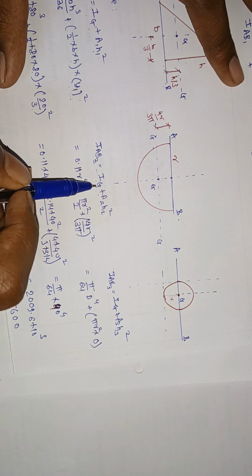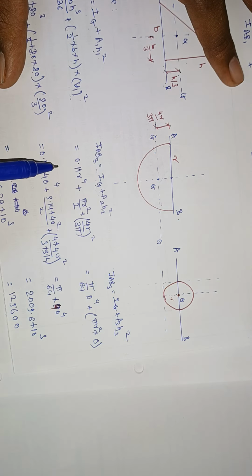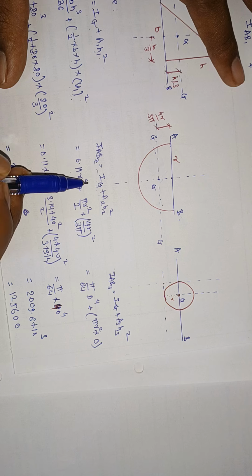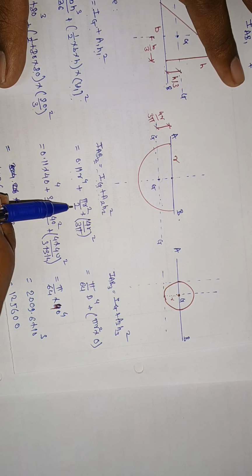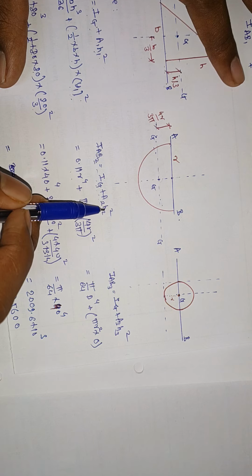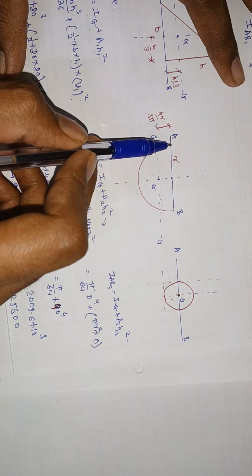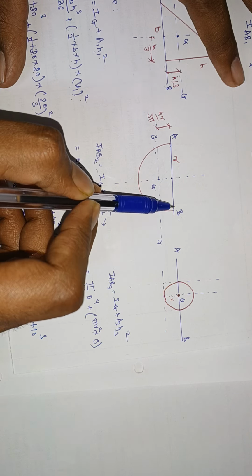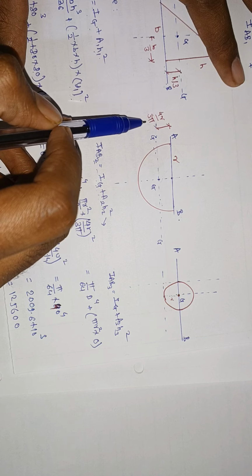The moment of inertia about the centroidal axis, about this axis, is 0.11 r raised to 4, plus the area of the semicircle, pi r square by 2, into h2 square. In this case h2 is the distance between the reference axis and the centroidal axis, and that distance is 4r upon 3 pi.